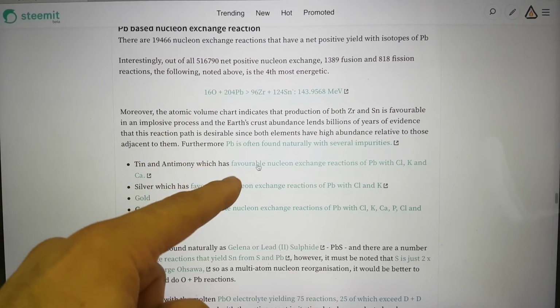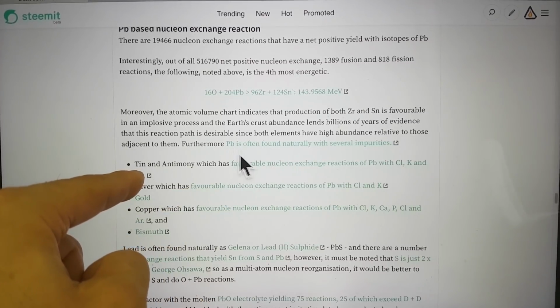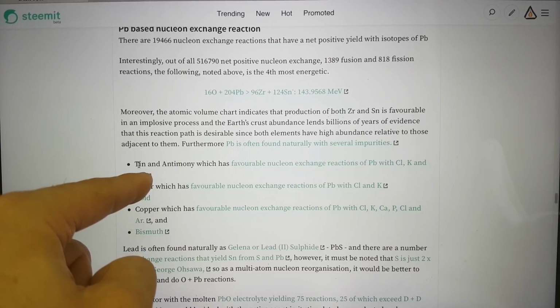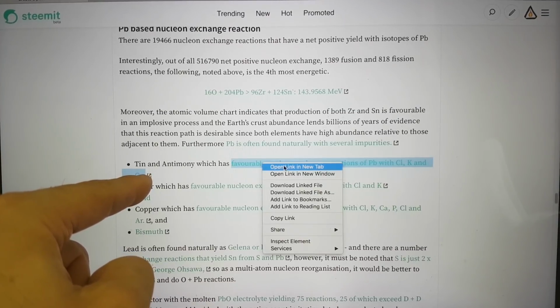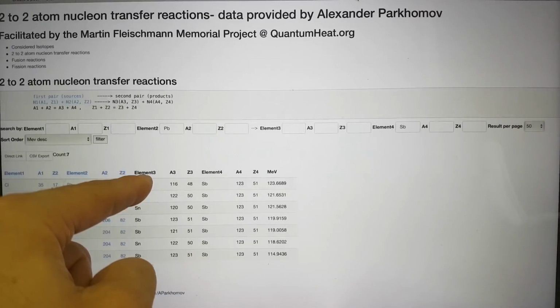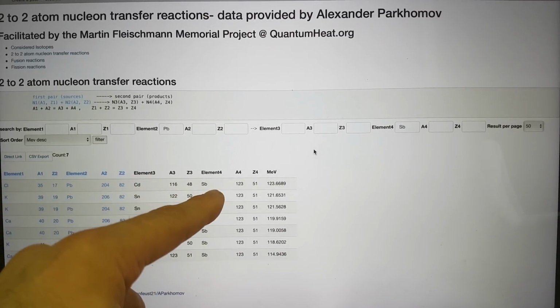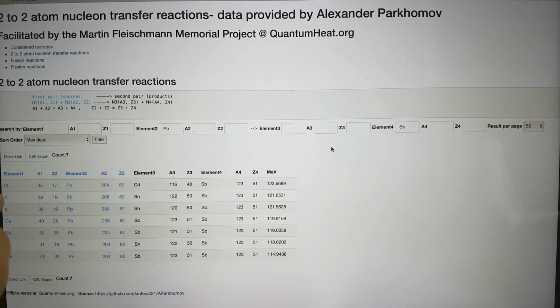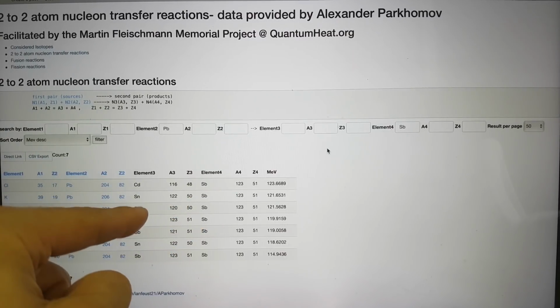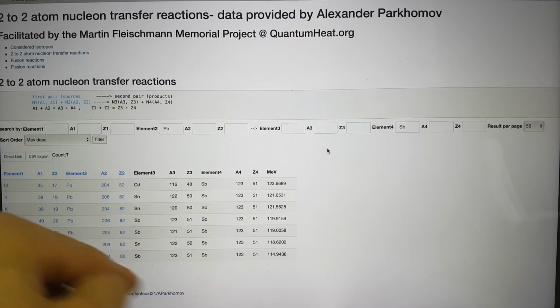And then we can actually look at the other elements that are found with lead commonly. So tin and antimony. If we look here, chlorine and lead goes to cadmium and antimony, but potassium and potassium with lead goes to tin and antimony.